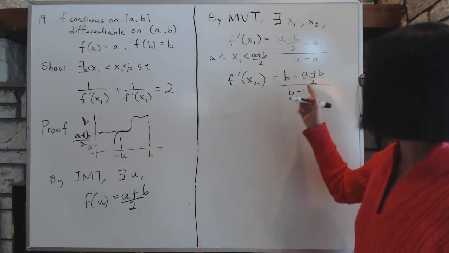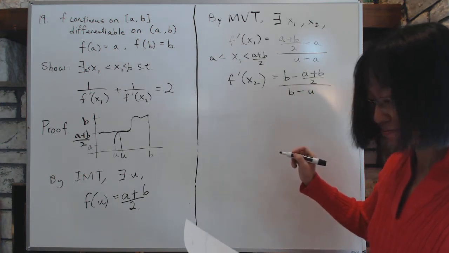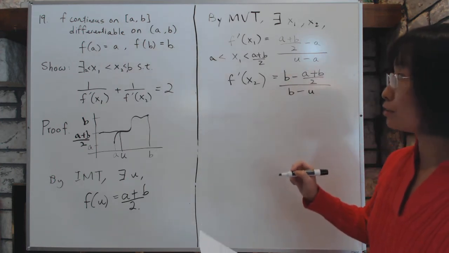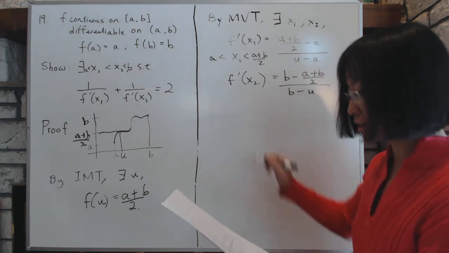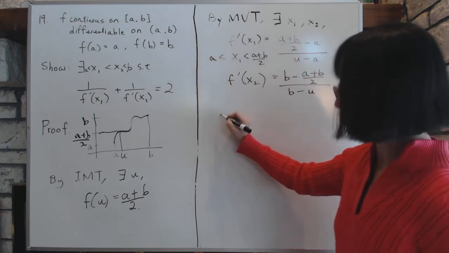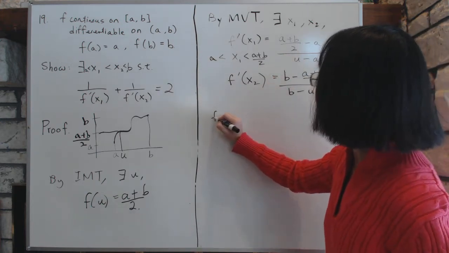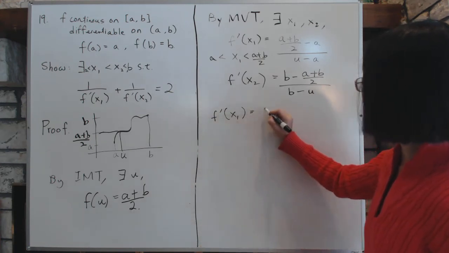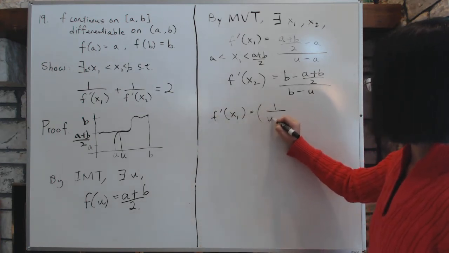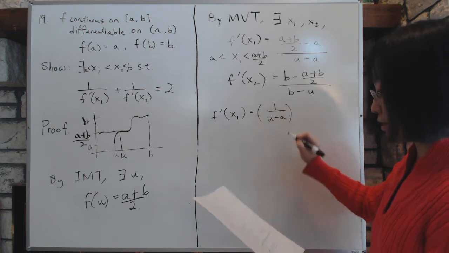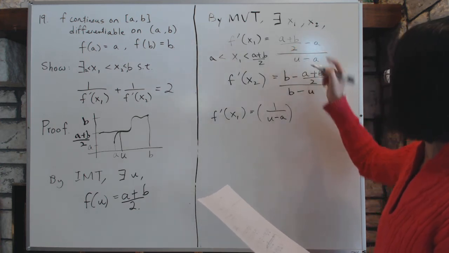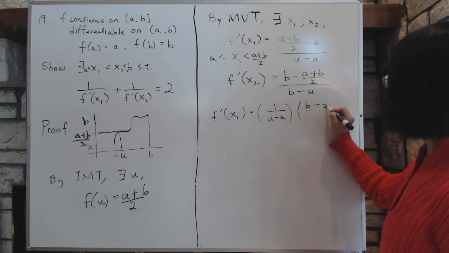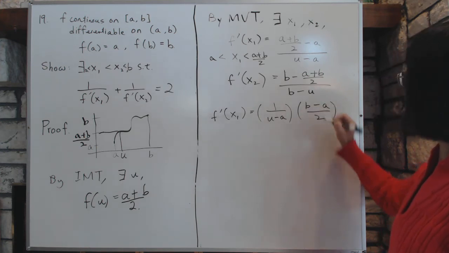You have to do algebra now. There's no getting around it. So you clean this up a little bit. You have f prime of x1 equals, we'll write it like this, 1 over u minus a times (b minus a) over 2, by the time you clean up the algebra.